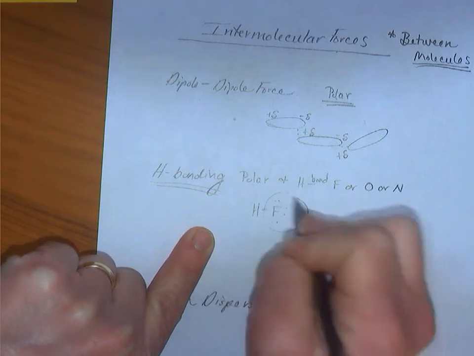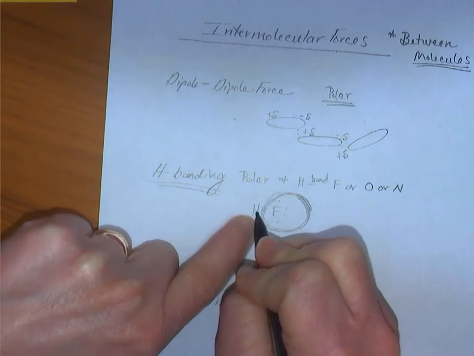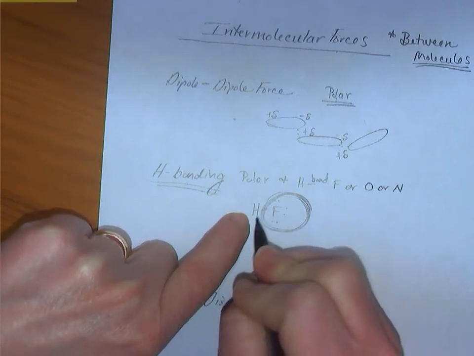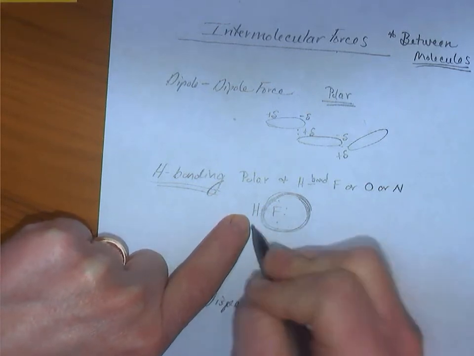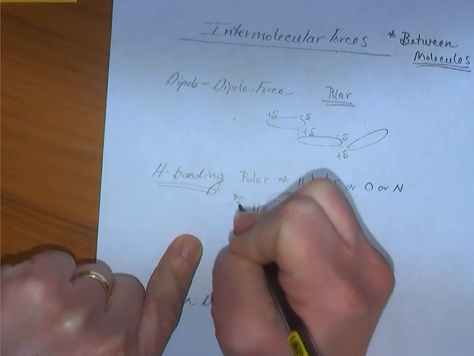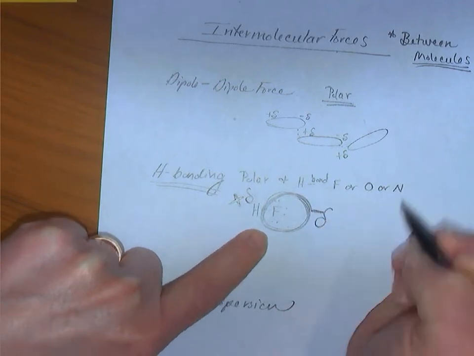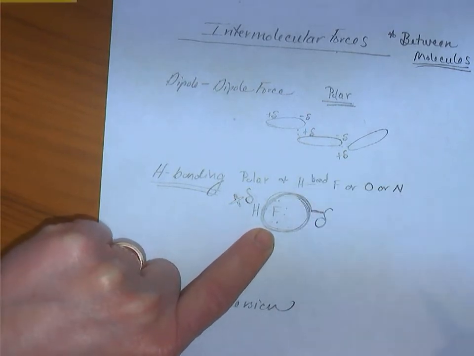The electrons are going to spend so much time around fluorine that almost the electron that hydrogen brings to share in this single bond is stripped away. So this is a very, very strong partial positive and a very strong partial negative. So it's kind of an extreme dipole-dipole.